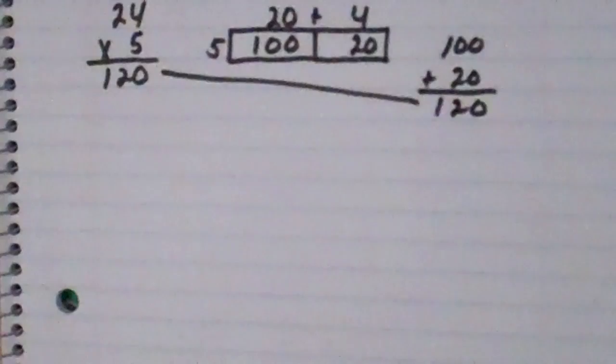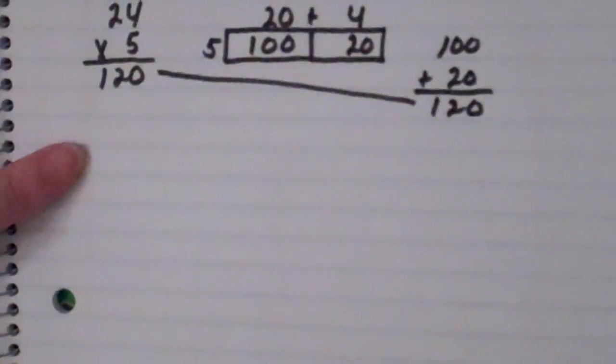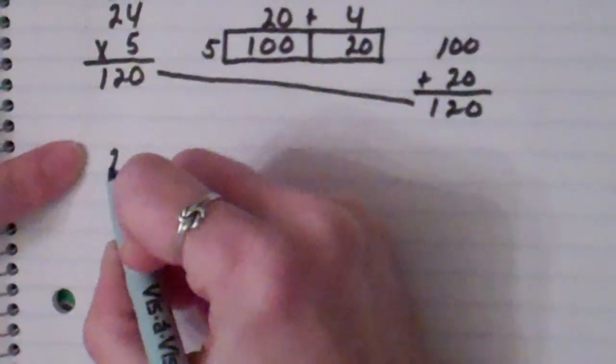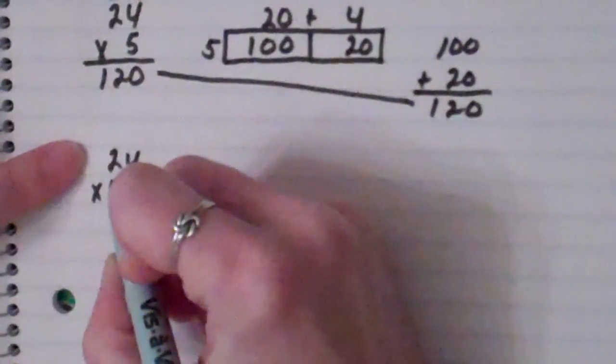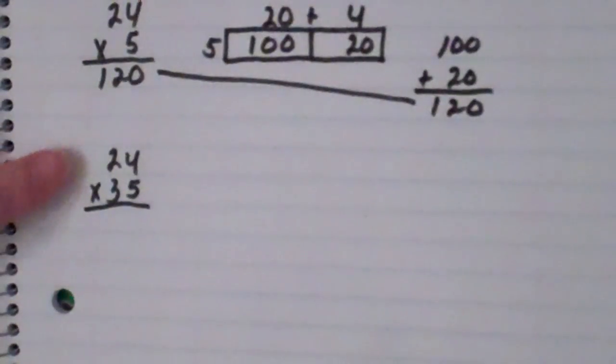Now these same generic rectangle and traditional methods will work when we have a 2-digit times a 2-digit number, such as if we have the problem 24 times 35. This is the way to write it for the traditional method.